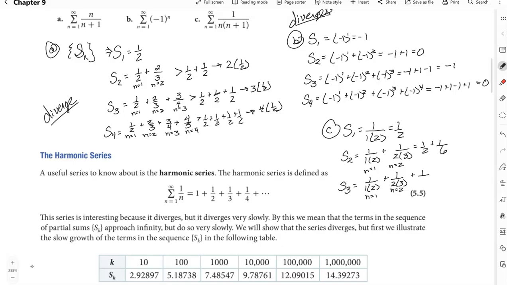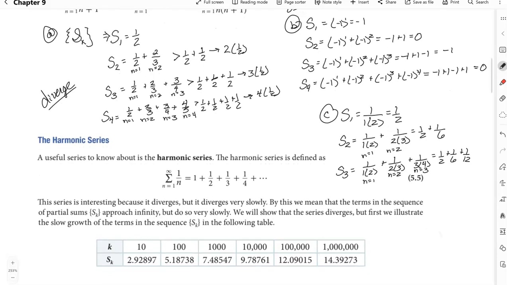And then at n equals 3, I'm going to have 1 over 3 times 4. So I'm going to have 1/2 plus a 6th plus a 12th. So you can see how what I'm adding is getting smaller, which is different than what happened in the first one, where what I was adding was getting larger and larger.